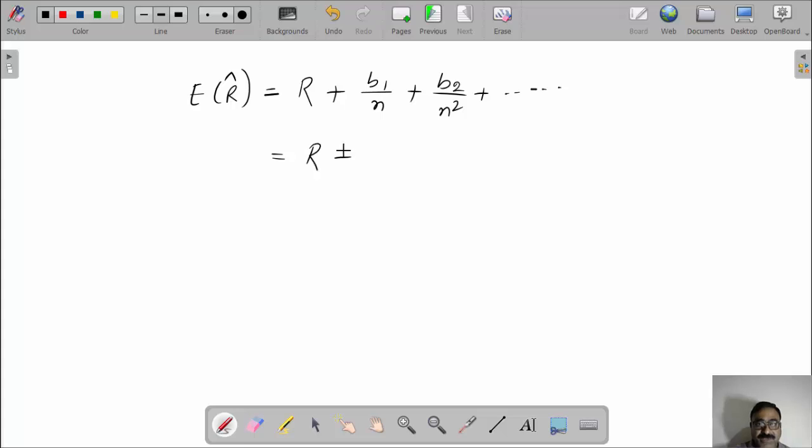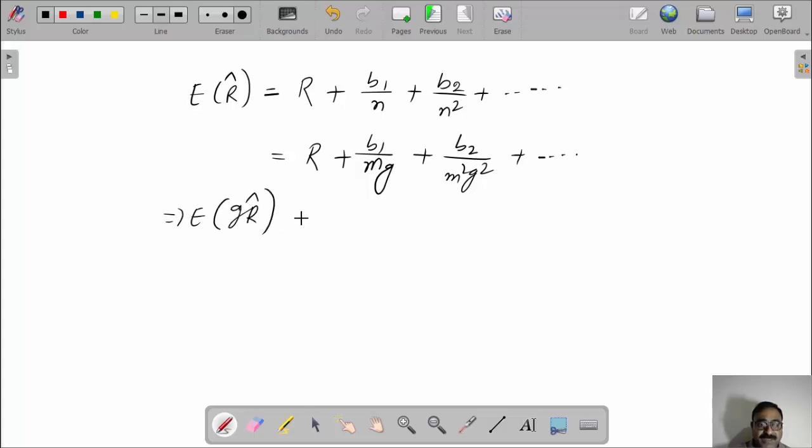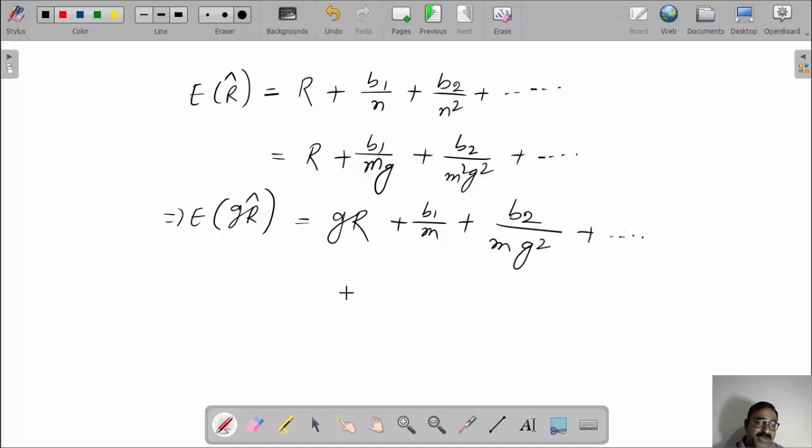This is equal to r plus b1 by mg plus b2 by m square g square and so on. That implies expectation of g r cap equals g r plus b1 by m plus b2 by m square g and so on.